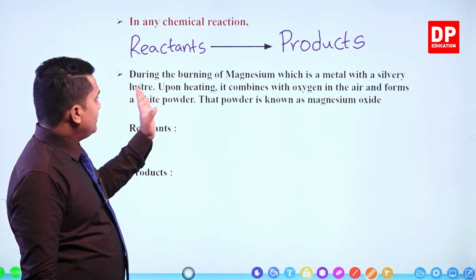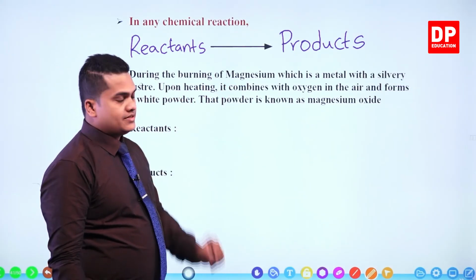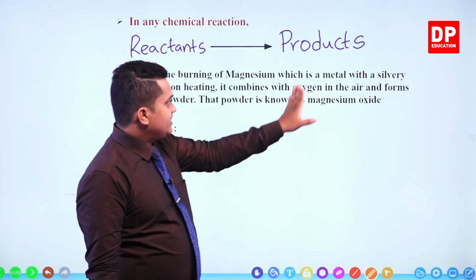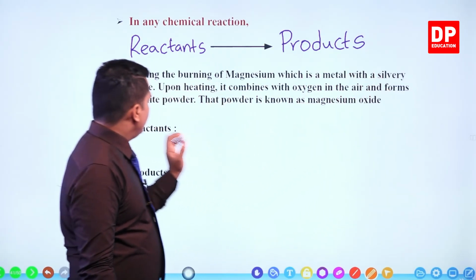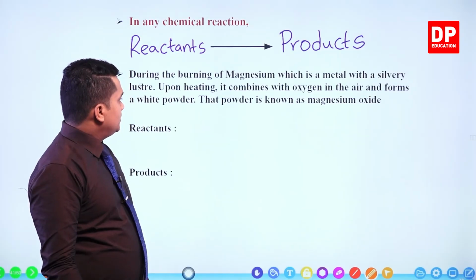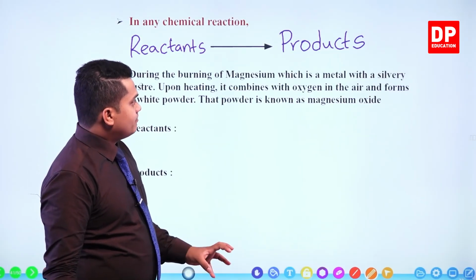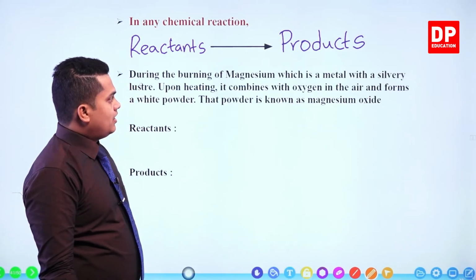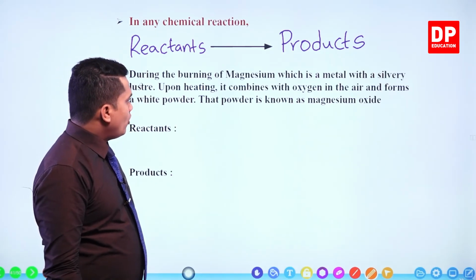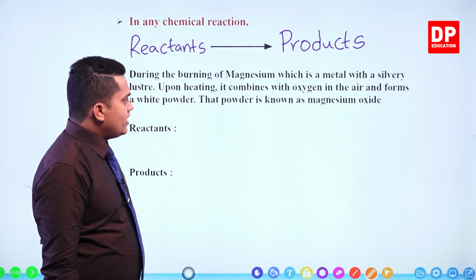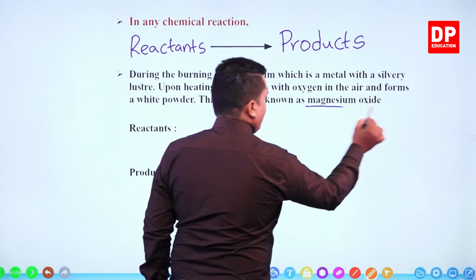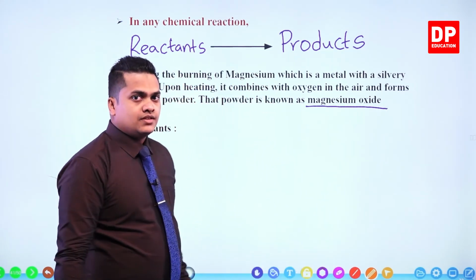So during the burning of magnesium, which is a metal with a silvery luster, upon heating it combines with oxygen in air and forms a white powder. That powder is known as magnesium oxide.